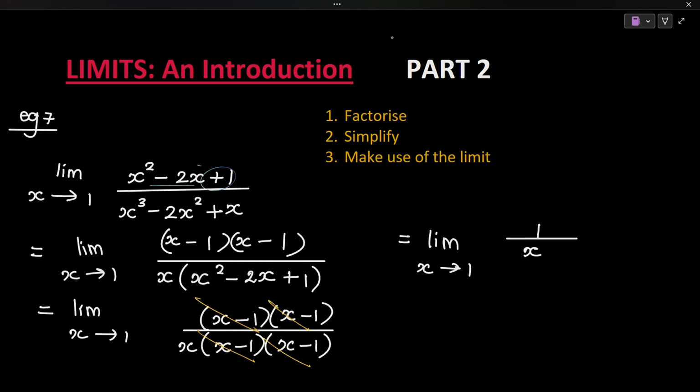In our denominator, we just have x. We're now going to make use of the limit. We are going to take this 1 and substitute in place of x, so it's going to be 1 over 1, and that just simplifies to 1. So our final answer is a positive 1.